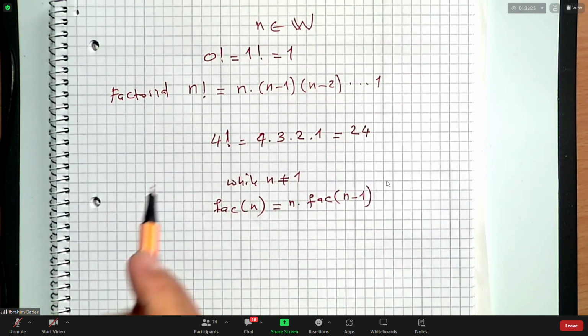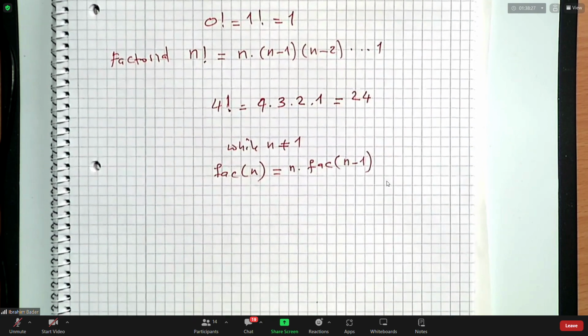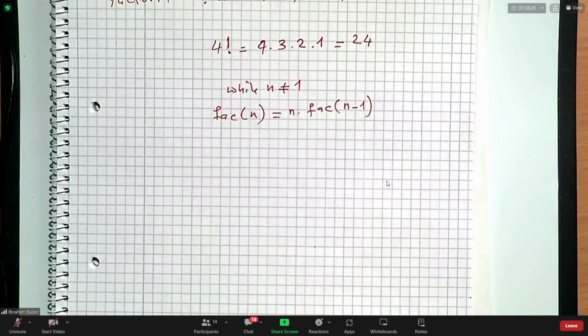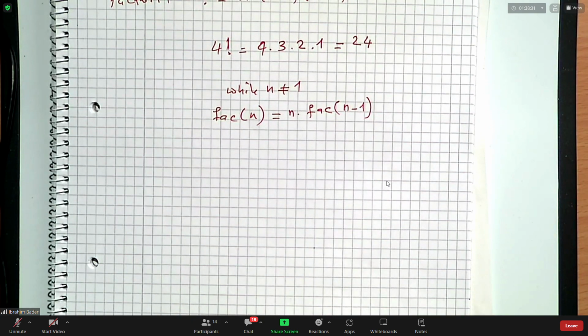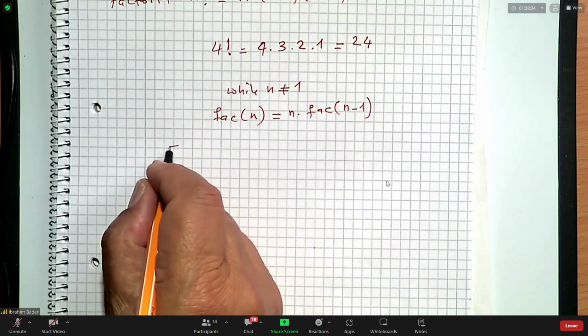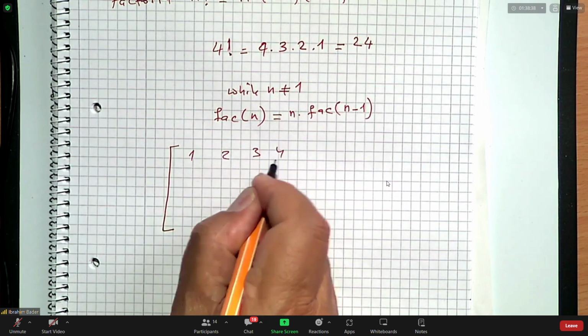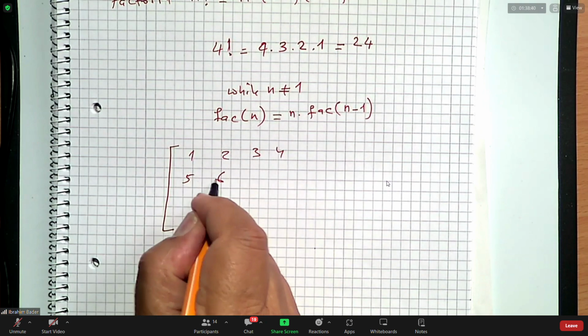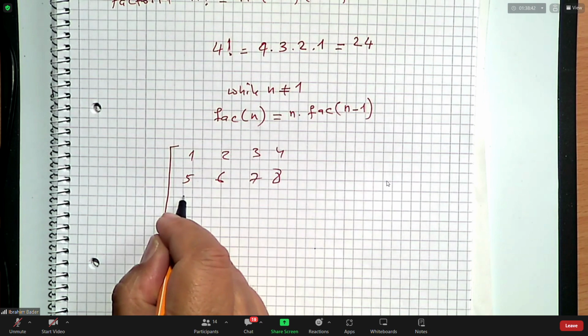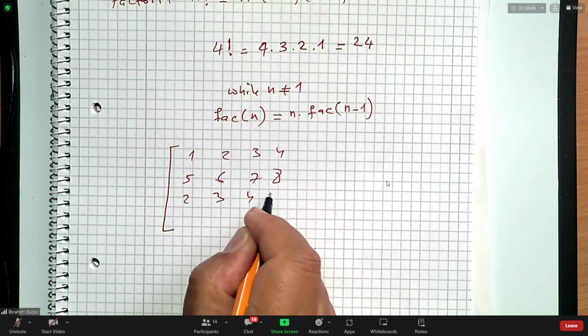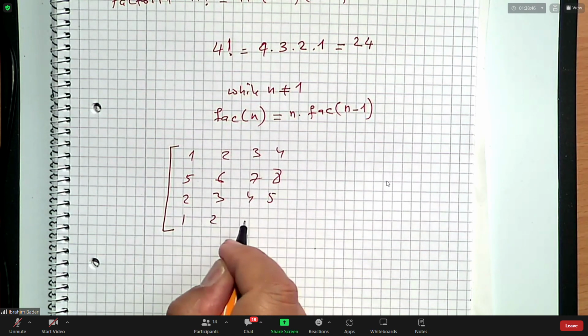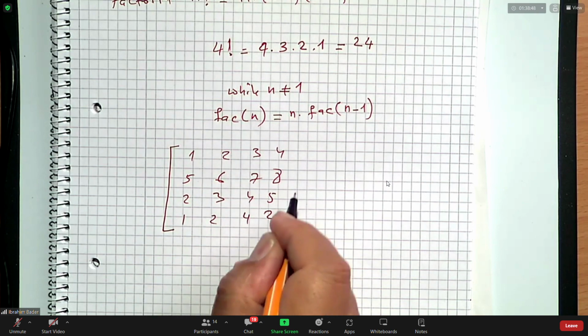Why did I mention that? Because the Leibniz algorithm is similar. Let's say we have a matrix with rows 1, 2, 3, 4, then 5, 6, 7, 8, then 2, 3, 4, 5, and 1, 2, 4, 2.